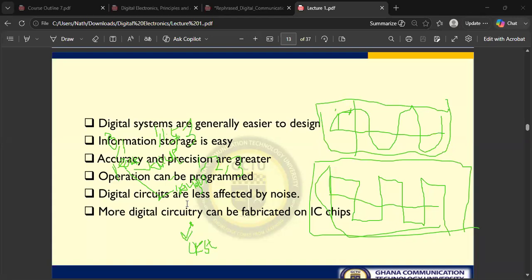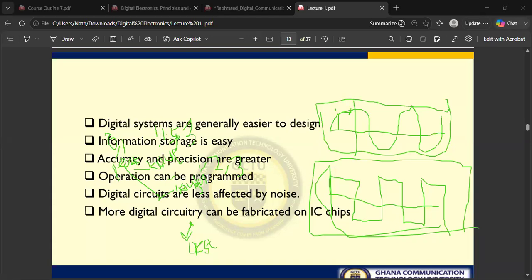Only one disadvantage. They can be more expensive. Are you sure they are more expensive? I made mention that the digital systems are less expensive than analog system, right? So let's say when you say expensive in terms of production, right?